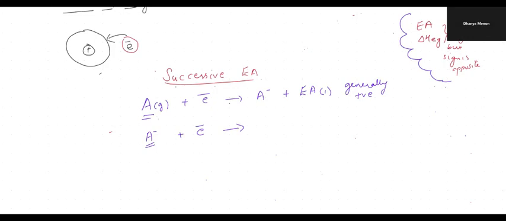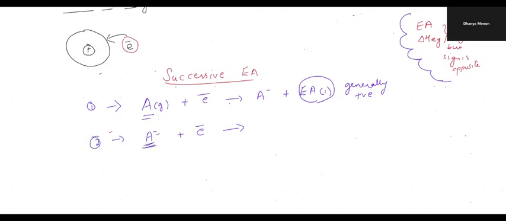Okay, so the first electron affinity is the energy released when the electron is added to the neutral atom. But in the next case, this is the first step, and in step 2 it's already an anion. There's already a negative charge there.